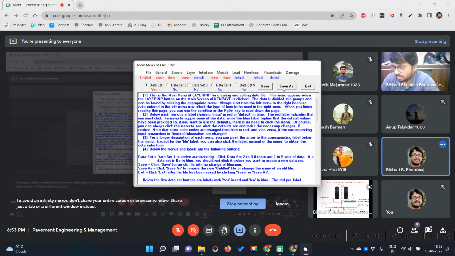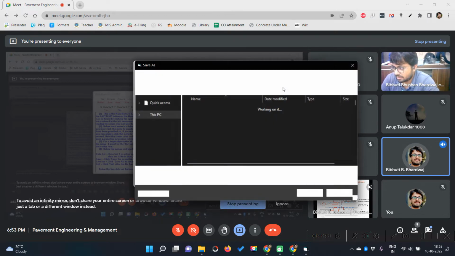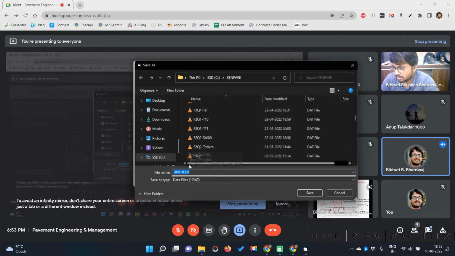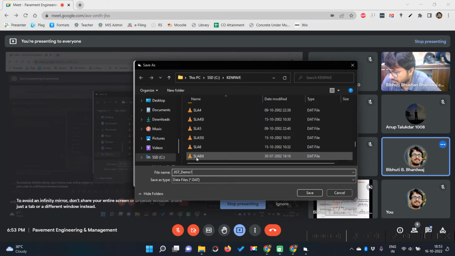That's enough. Now click on save as. I write ZIST demo 1. You check where it is coming. In my case, it is my C drive under the folder KENPAVE.